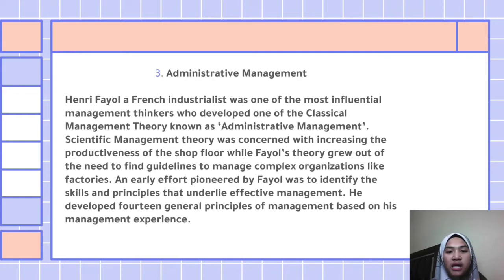An early effort pioneered by Fayol was to identify the skills and principles that underlie effective management. He developed 14 general principles of management based on his management experience.